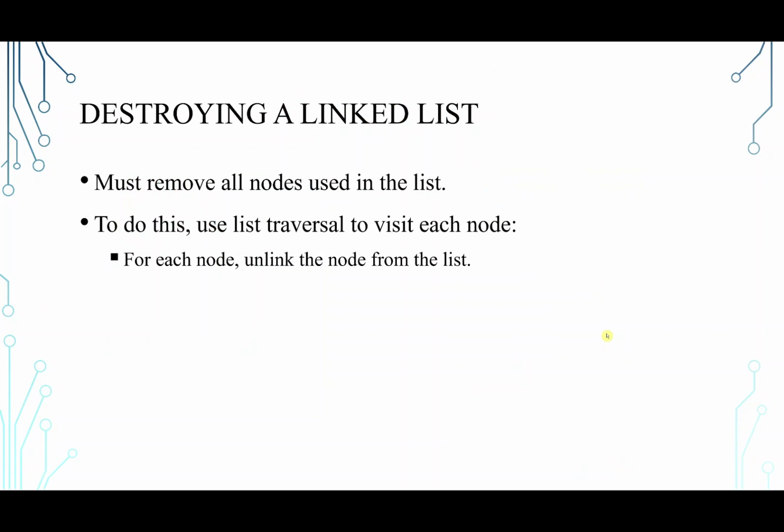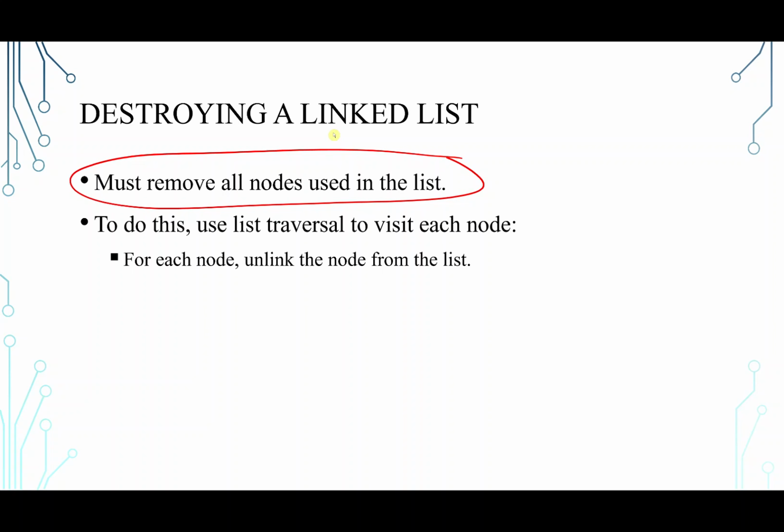So destroying a linked list: you must remove all the nodes, using the delete if you want. You can remove all the nodes, or basically you should reverse all the links and put their pointers to null. All the links are pointing to null. To do this, use the traverser to visit each node.